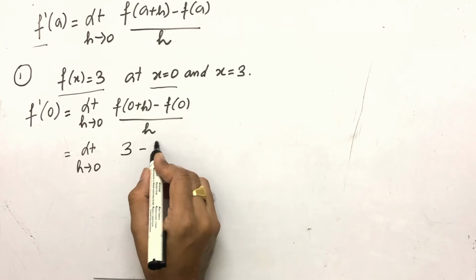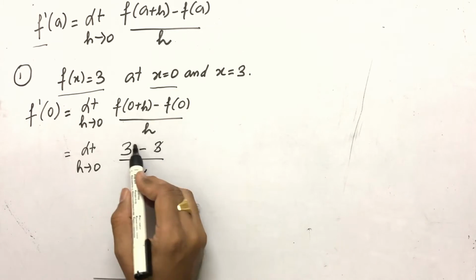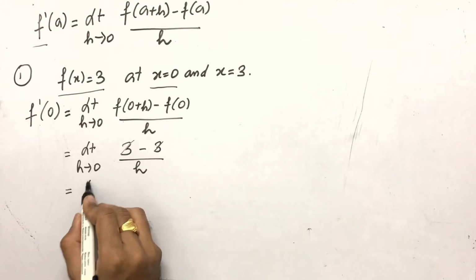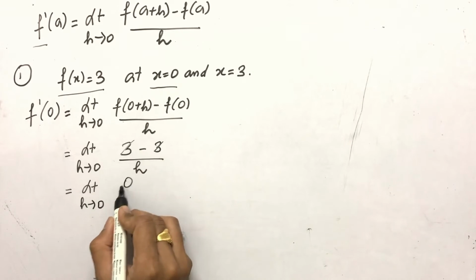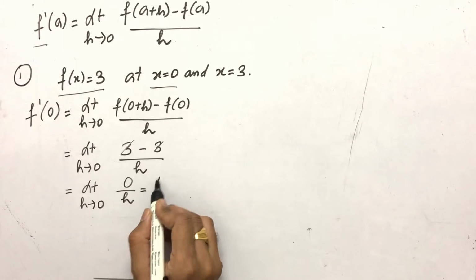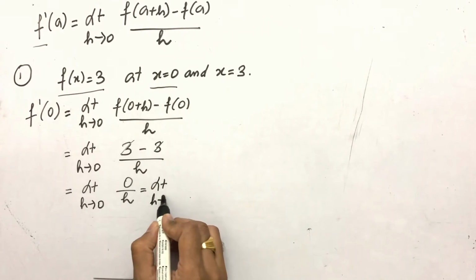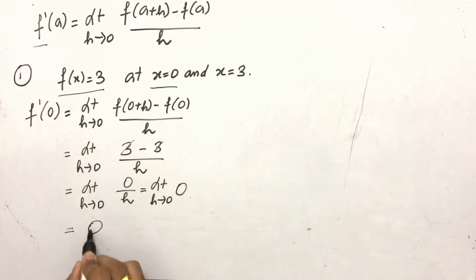Here also 3, divided by h. And very easily they will cancel out. So what we are left with is limit h tends to 0 of 0 upon h. What is 0 by something? 0. And the limit of 0 is 0. So this is the answer.